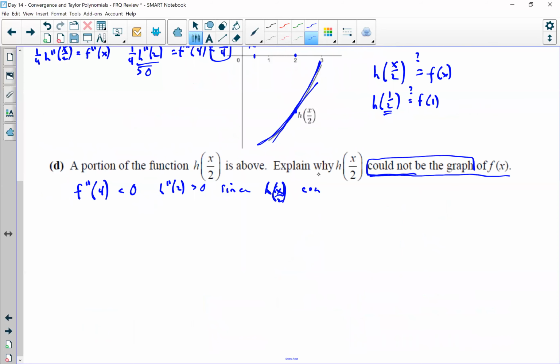H of x over 2 is concave up where x equals 4. So since h of x over 2 is concave up when x is 4, that means that h double prime of 2 is positive, but yet f double prime of 4, according to the table, is negative. Therefore, it could not be the graph of f.